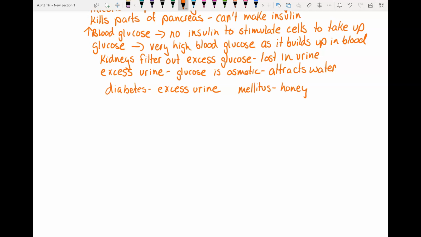The urine of a diabetic tastes sweet like honey. In the old days, before modern technology, doctors would diagnose diabetes by tasting their patient's urine. Now, it's not that they would drink a whole cup full of it, but they would dip their finger in the urine and then touch their finger to their tongue to see if it tasted sweet. So be thankful you live today when we have those little glucose test strips you can dip into urine.